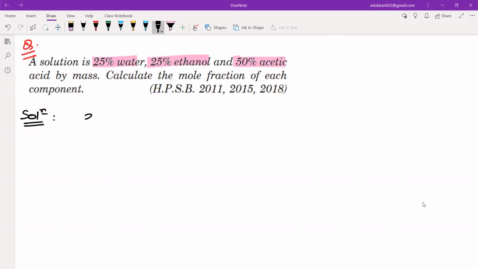So simply telling 25% of H2O, 25% of ETOH, ethanol, and 50% of acetic acid. हाँ यही दिक्कत हो जाएगी. देखिएगा बहुत सारे लोग को दिक्कत होगी इस सवाल में, एसिटिक एसिड.